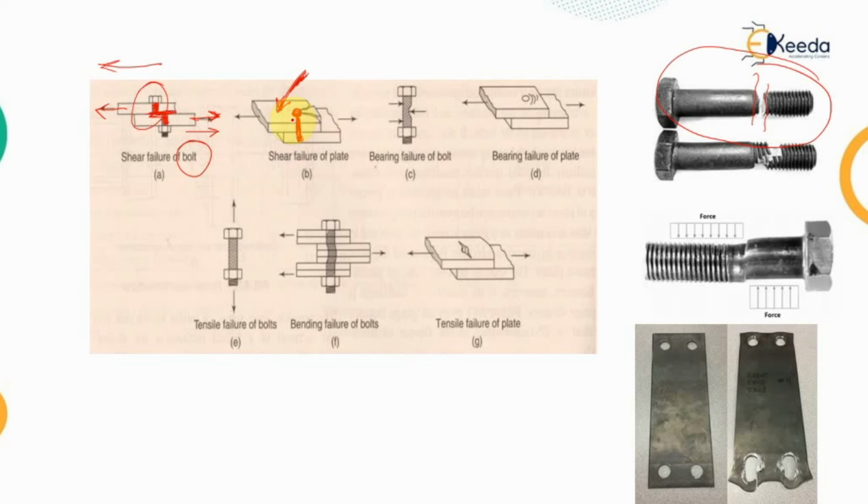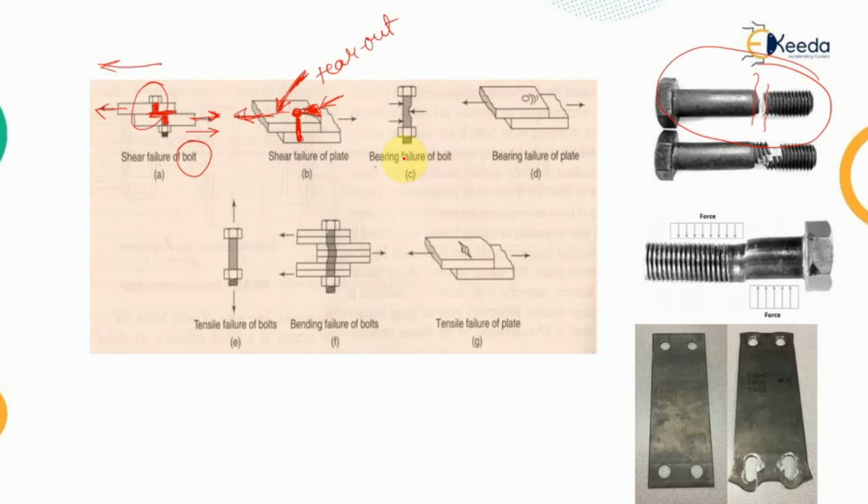What will happen when you apply the shear force? Because of that, this portion of the plate will remain prevalent on the connection only, while the rest of the plate will move in this direction. This type of failure, in which the tear out of the plate happens, is known as the shear failure of the plate.